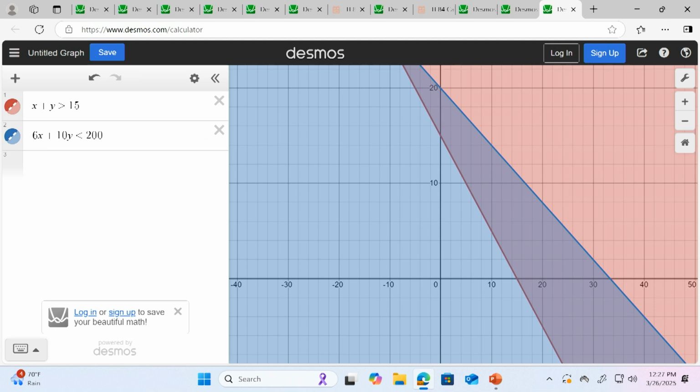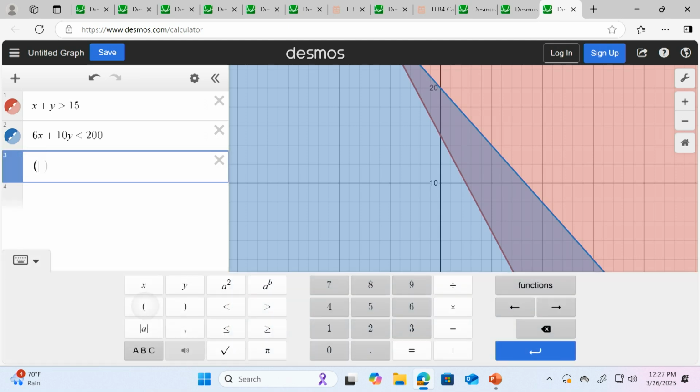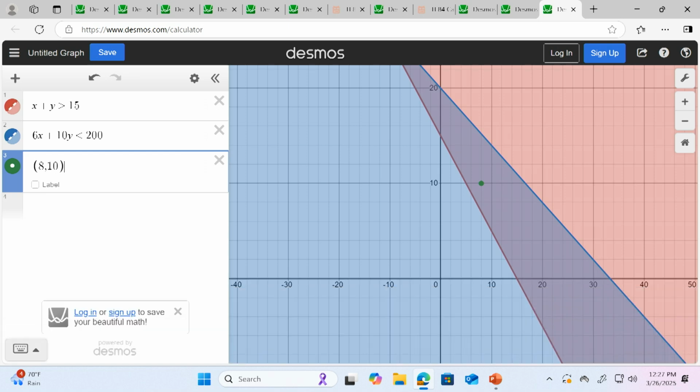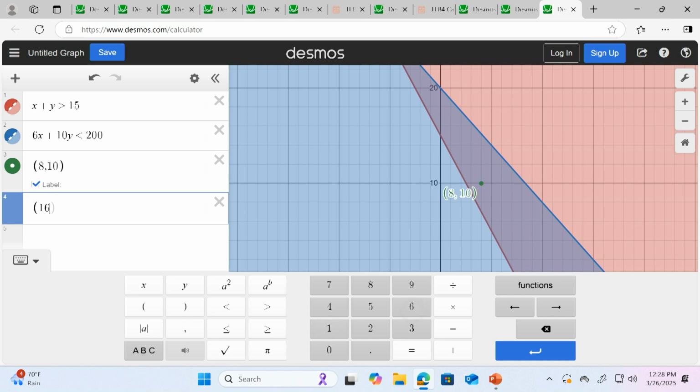So if I was looking for some possible answers, let's see, could I have 8, 10? Yes, I could, because that is in that purple portion between that X and Y axis. All right, so then let's look at another one. What about 16, 3?